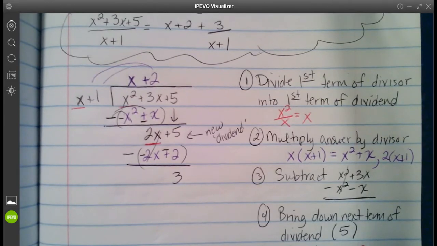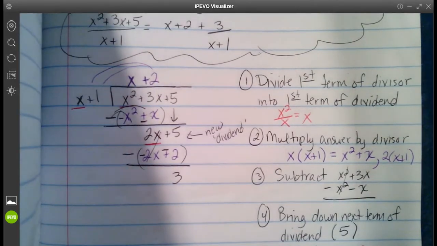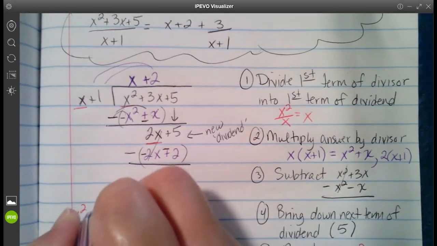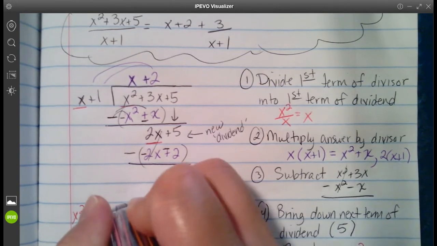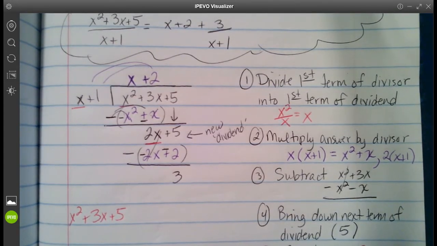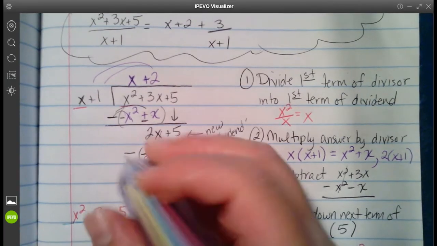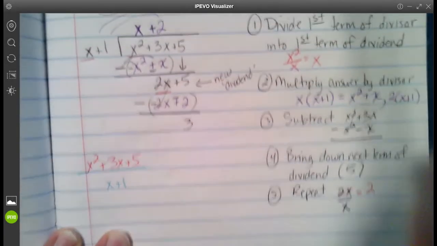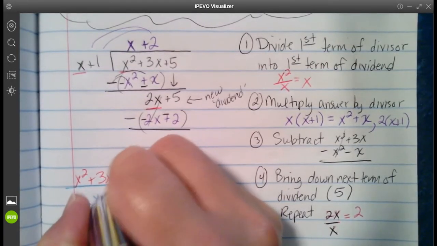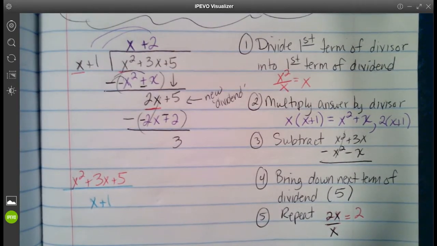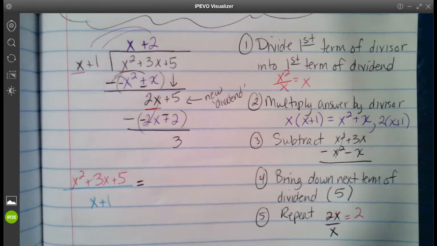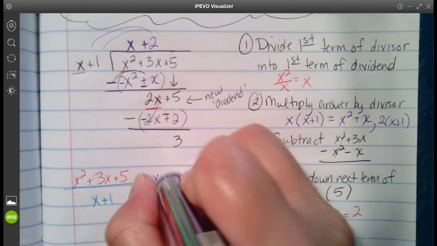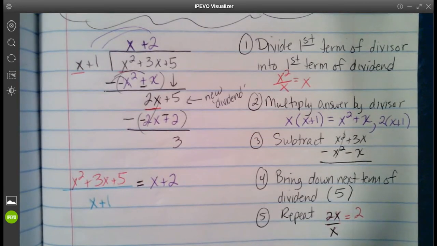Okay, so according to that, and again, I'm just using the colors I had earlier, I had the dividend. So my dividend here is x squared plus 3x plus 5, divided by my divisor. So my divisor was x plus 1. Move that down just a little bit. Okay, and this is equal to the quotient, in this case, x plus 2, plus whatever the remainder is.